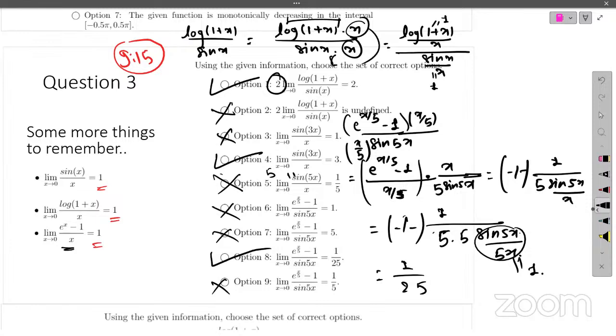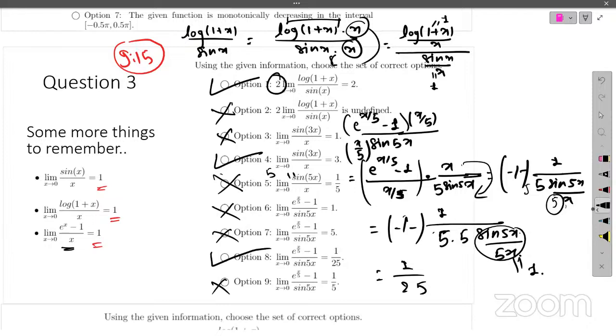So this you can also write in this form, x by 5 upon sine 5x, right? But we know sine x upon x is equal to 1. Here 5x is there, so I have to maintain 5x upon 5x. For that, first I take the numerator x into the denominator of sine 5x. That means it's the same as 1 upon 5 times sine 5x by x. Now here I want 5, so I multiply and divide by 5, because then only the term will remain the same, right?